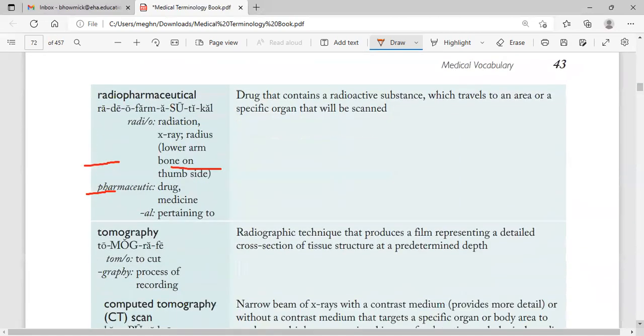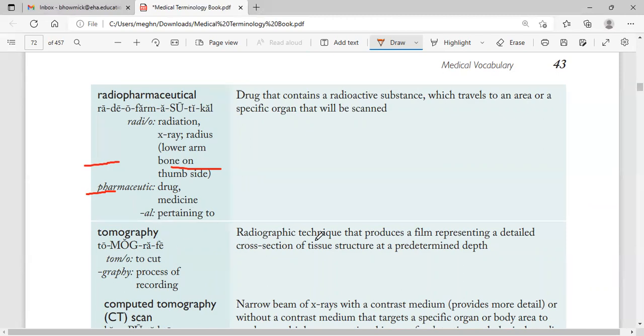So next come radiopharmaceuticals: drugs that contain a radioactive substance which travels to an area or a specific organ that will be scanned.